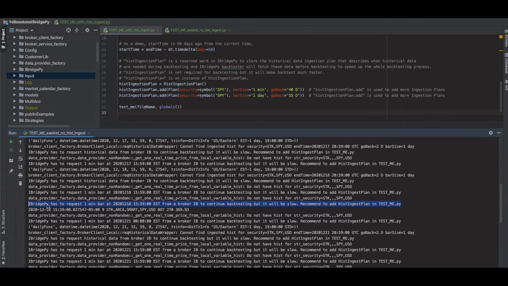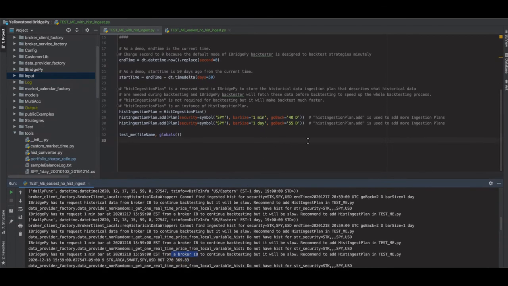You can see IBridgePy has to request a 1 minute bar at this time from IB to continue backtesting, which means this price was retrieved by the IBridgePy backtester from Interactive Brokers. So in summary, I need a minute bar to simulate the transaction price, even if in my strategy I don't literally ask for minute bar prices.